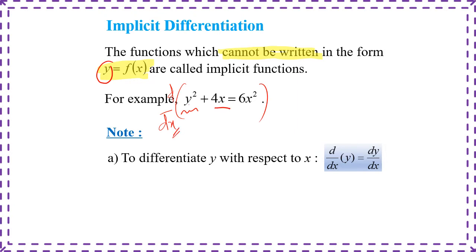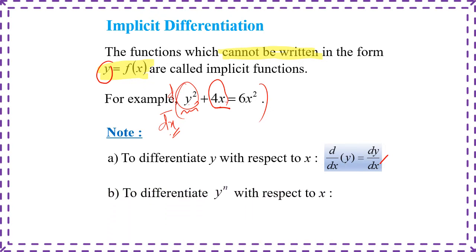For 4x, we are differentiating x in terms of x, so it can be done using the basic rules, the sum rule, the quotient or product rule, or the chain rule. But y here is not the same variable. That's why we have to multiply by dy/dx every time we differentiate y with respect to x.